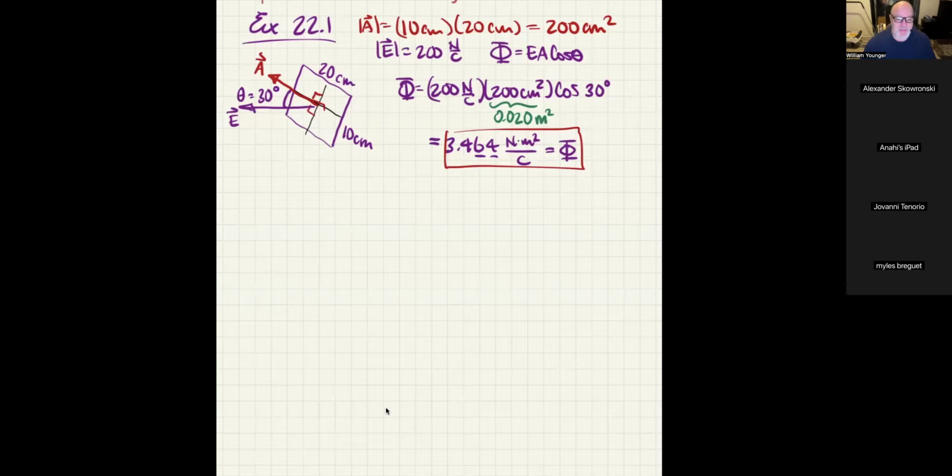Now that we have this idea of what flux is, and I've even generalized it to show you when it's over a curved surface or even a closed curved surface and stuff like that, there are some other things that we might want to take into account.